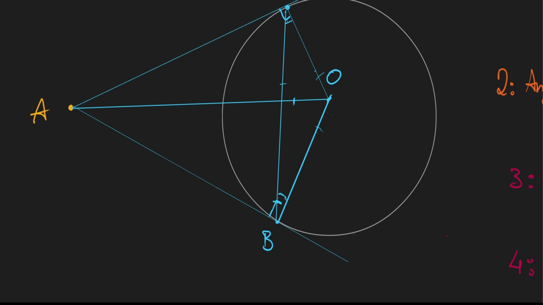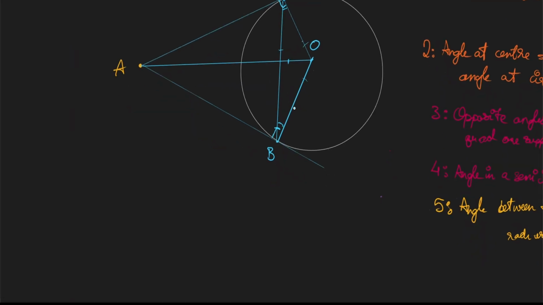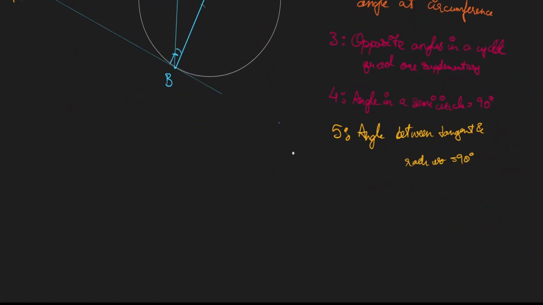This basically means that these triangles are congruent, and if they are congruent then this must be equal, right? It's related to congruency. So our sixth rule says that tangents from an external point are equal.